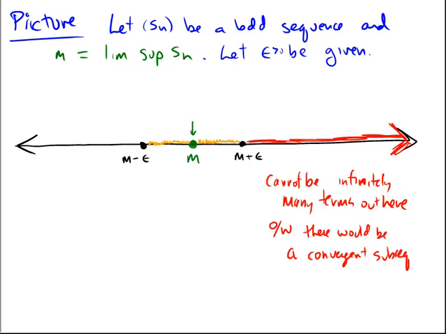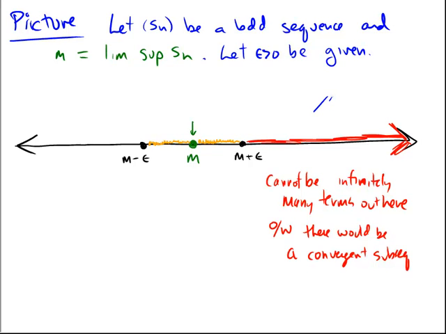So that won't work. This is just an arbitrary epsilon, so it's like saying epsilon bigger than 0. So there can't be any convergent subsequences out here, because if there were, they would converge to a number larger than m plus epsilon, and then m would not be the limit superior, because remember, m is the supremum of all of the subsequential limits.